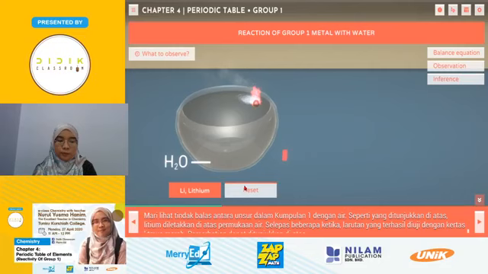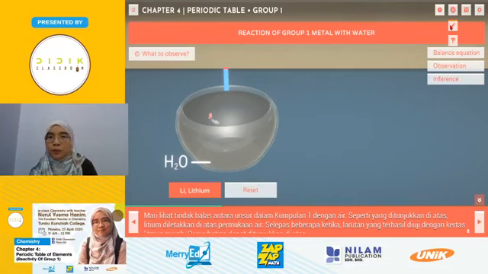You can see that lithium moves slowly on the water surface and produces a red flame. And the moment you put the red litmus paper, it turns to blue, which means that the solution produced is alkaline. And this is the chemical equation when lithium is added into water.